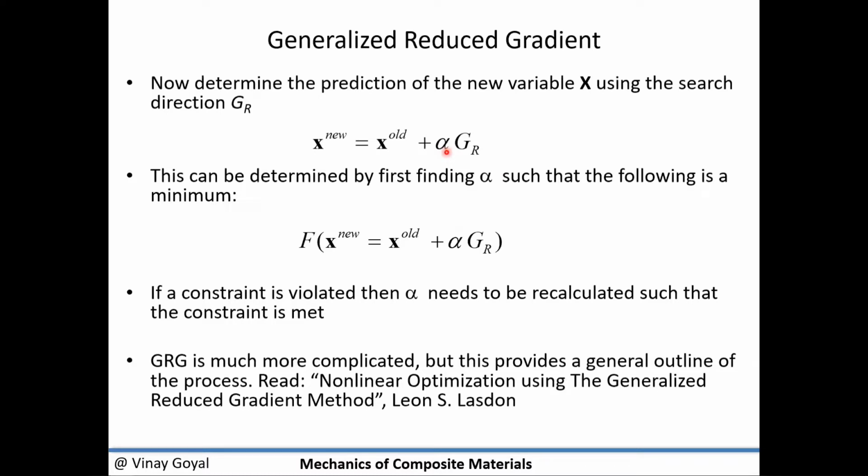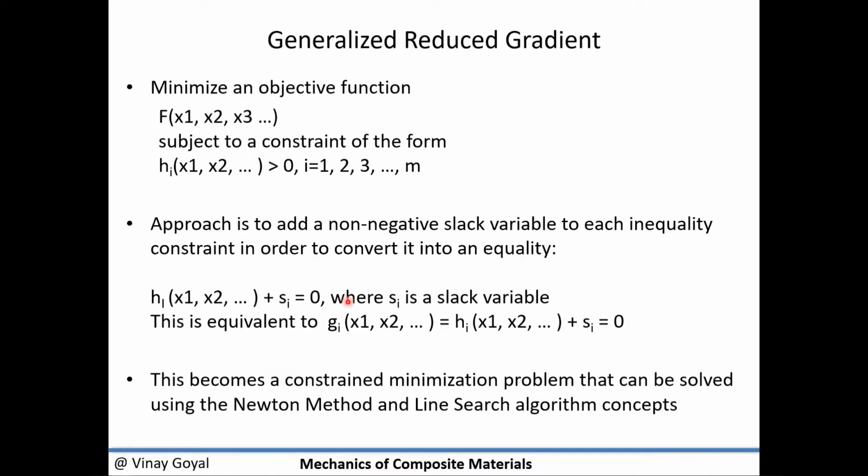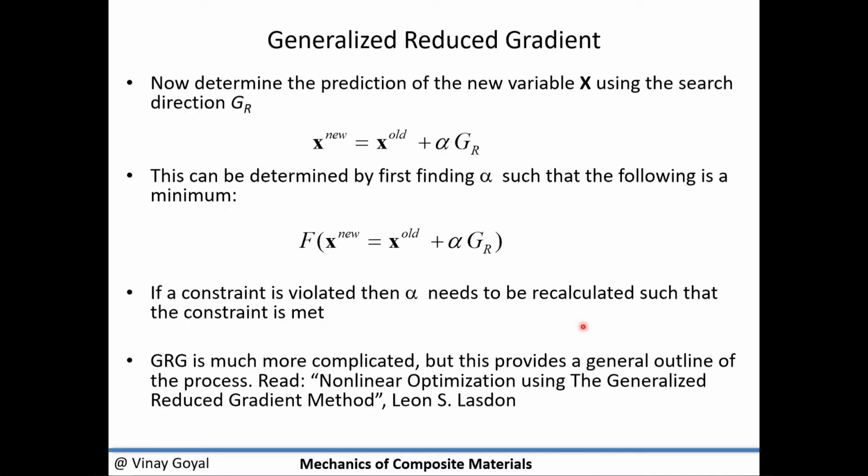So this can be determined by finding alpha that minimizes the function f relative to alpha. And if any of the constraints g is violated, then I have to recalculate alpha until the constraint is met. And so that fixes the value of alpha, and then I can proceed with the minimization problem.